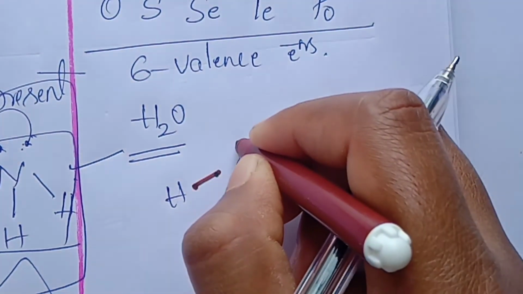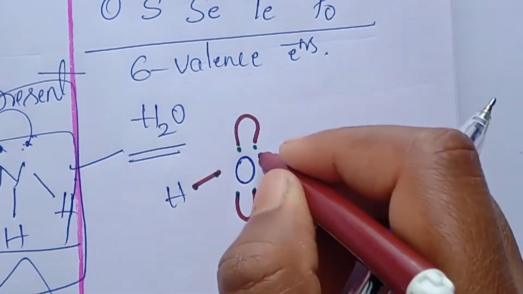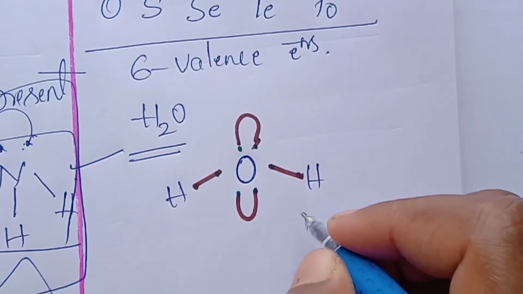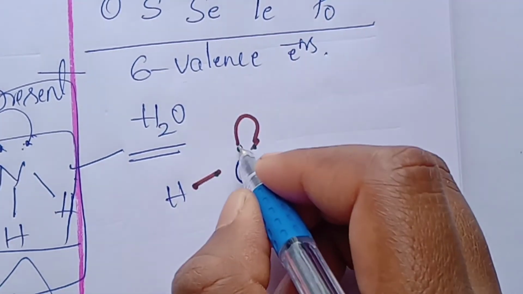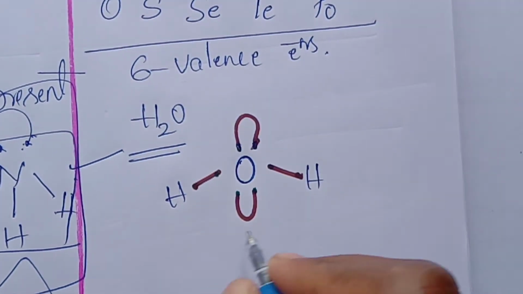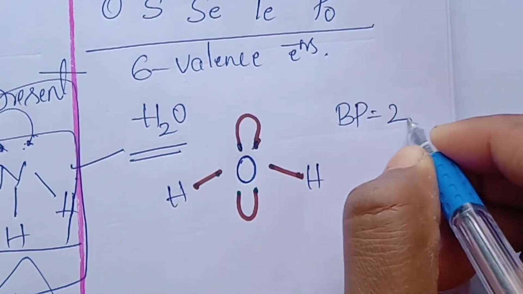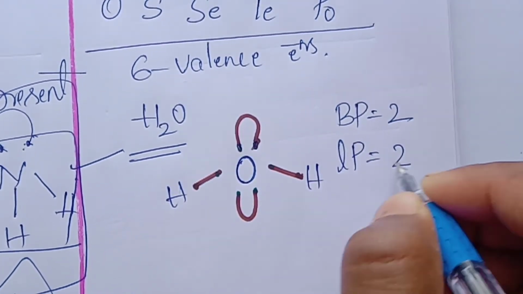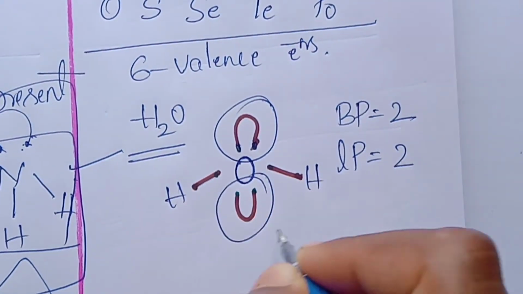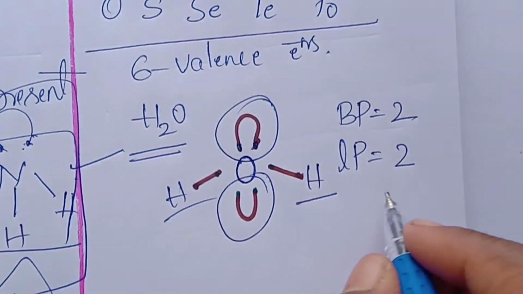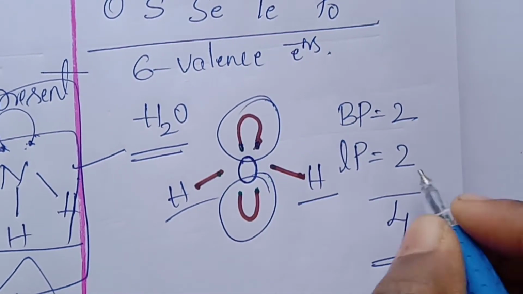It can form two bond pairs and two lone pairs. Bond pairs equal 2, lone pairs equal 2. Here this is a lone pair, this is a lone pair, total 4.